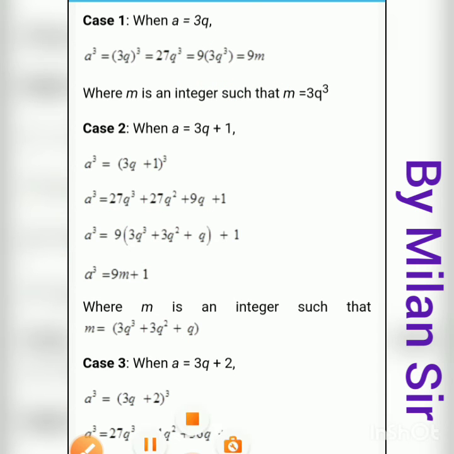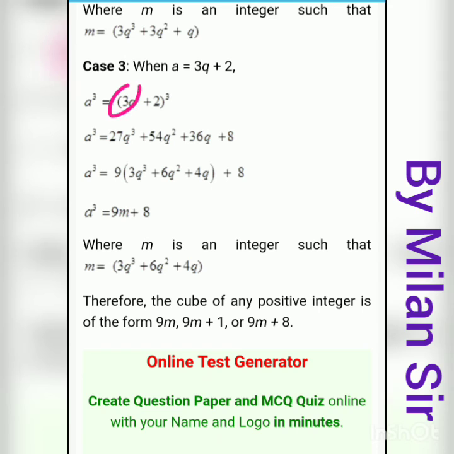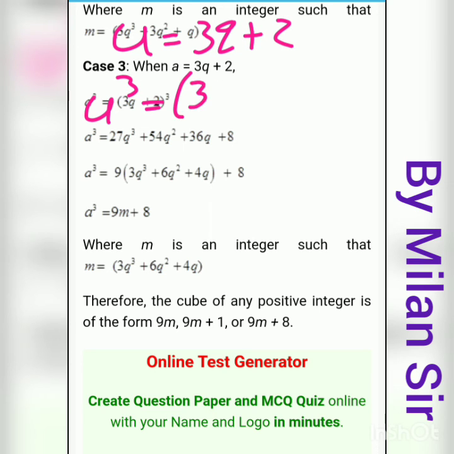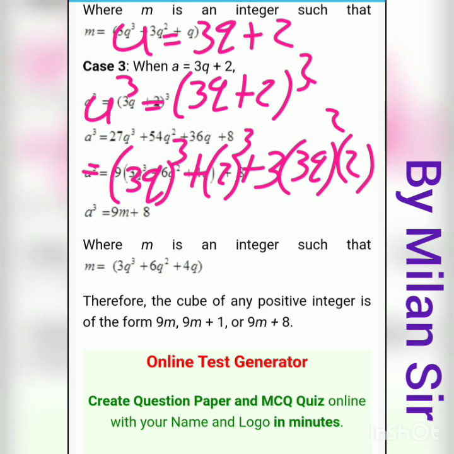Then we need to take our third possibility. a is equal to 3q plus 2. Now we need to take cube on both sides. So (3q plus 2) all cube. Now the identity: first term cube plus second term cube plus 3a square b plus 3ab square.